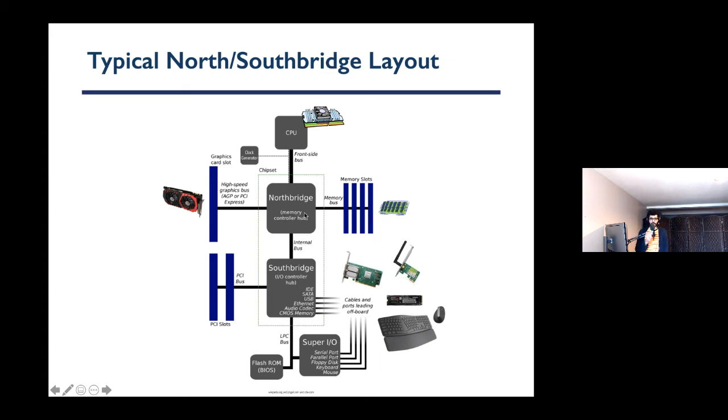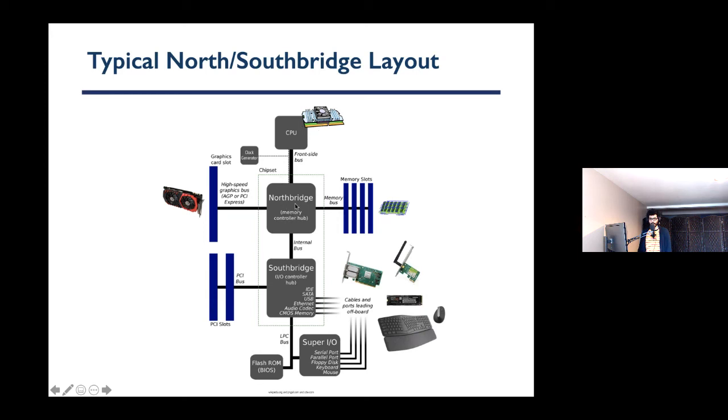Now, one of the things that is changing, and actually changed, this one happened a long time ago. And I think AMD did that first. They brought this Northbridge into the chip, into the CPU chip.